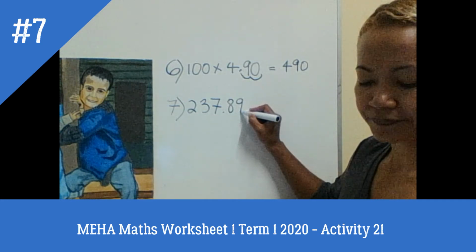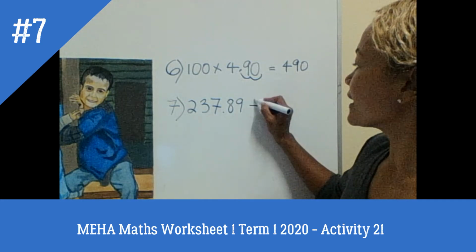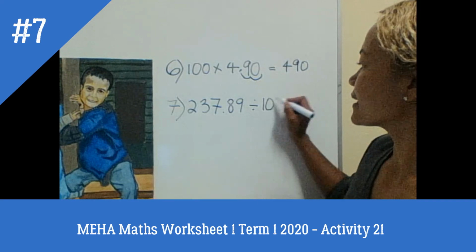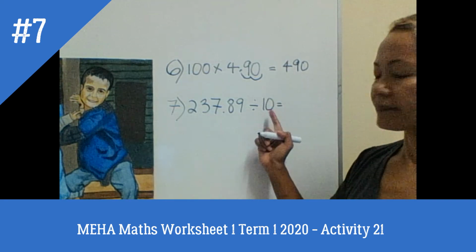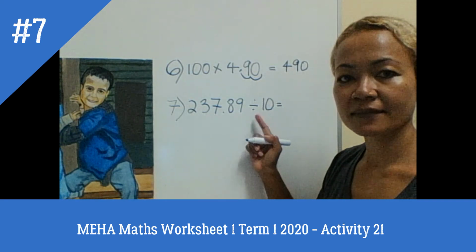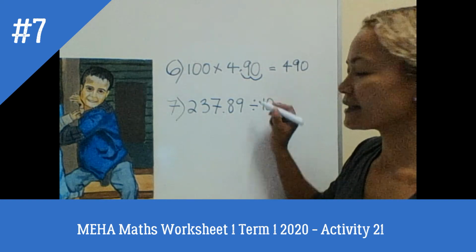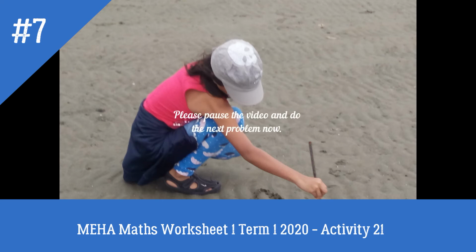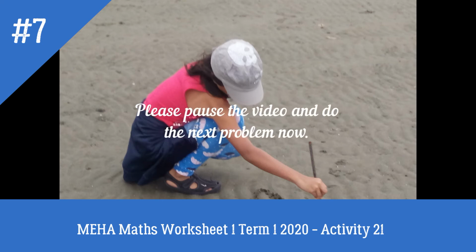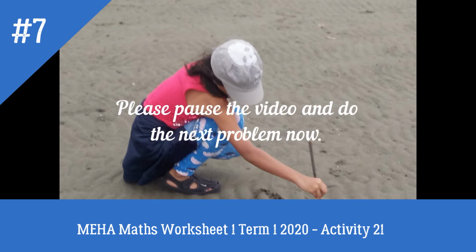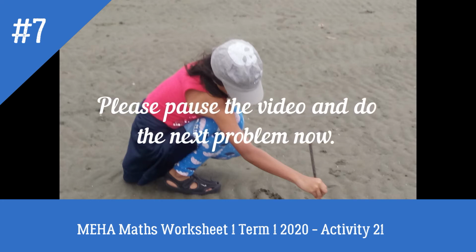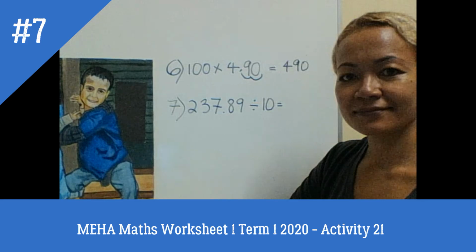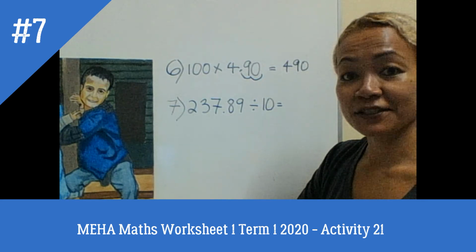Number 7. 237.89 divided by 10. Careful, it's divide. I'll let you solve it now. Did you get it?